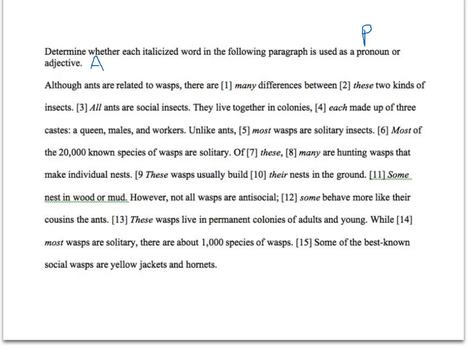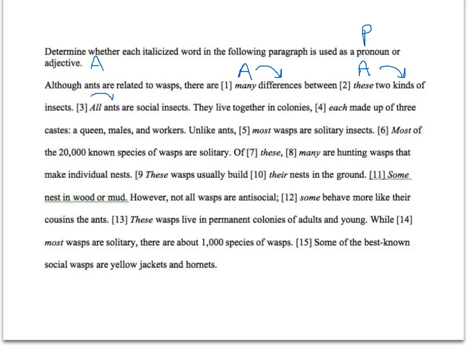Number 1, many is functioning as an adjective because it's describing the differences. These is also a demonstrative adjective because it's describing the kinds.